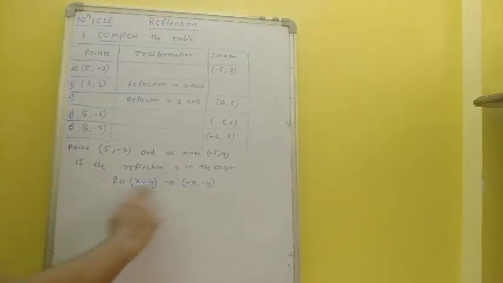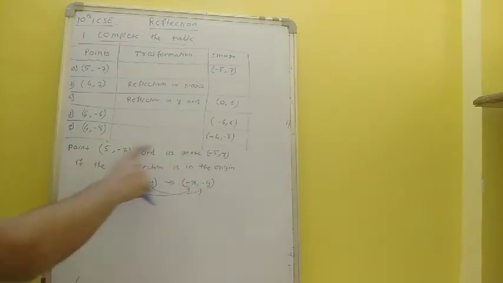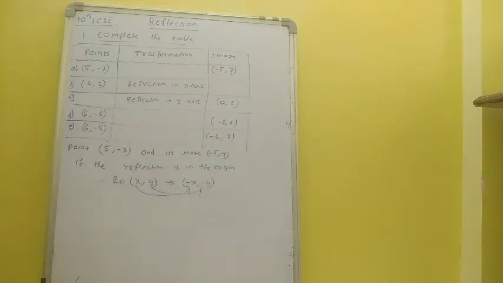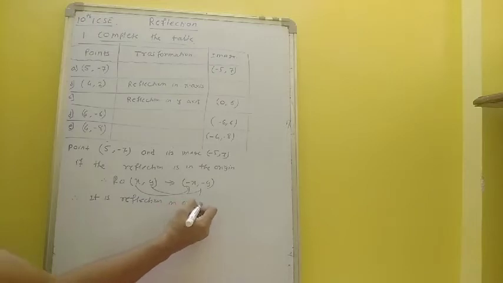So both the signs will change, sign of x will also change and y will also change. And do we have the same type of image over here? 5 has become minus 5 and minus 7 has become 7. Therefore, we can say that it is reflection in origin. Okay, got it?